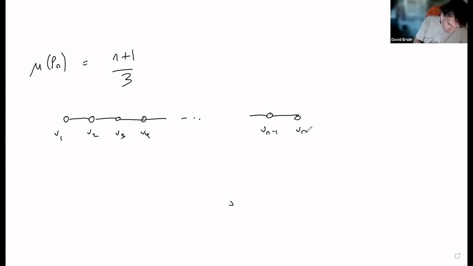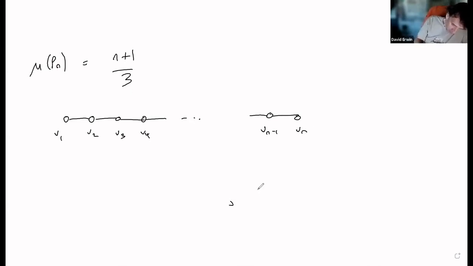And what I'm going to do, as Peter talked about, is start off by working out the sum of all the distances between the vertices in this graph, the Wiener index. Then once we have the Wiener index, we can just divide by n choose 2 to get the average distance.